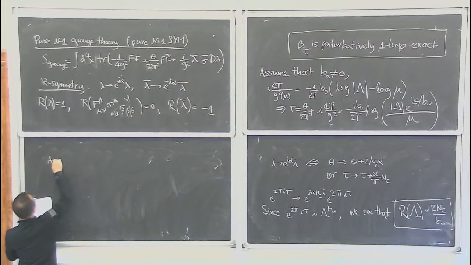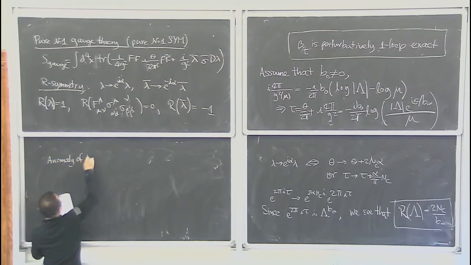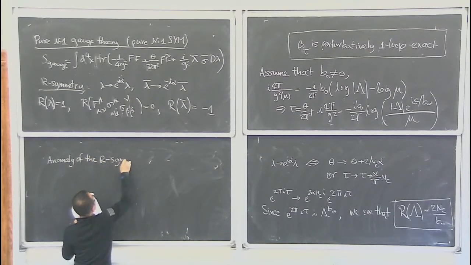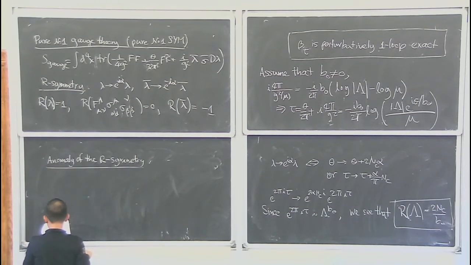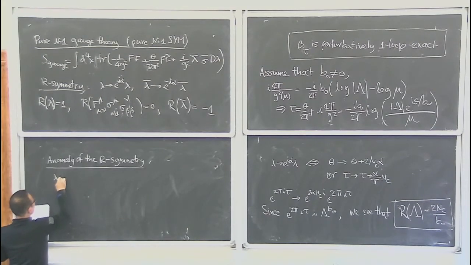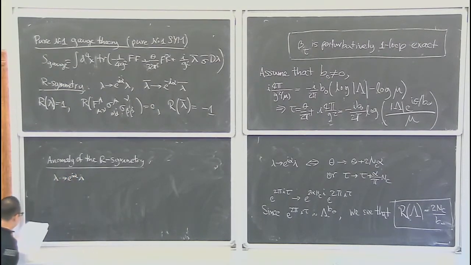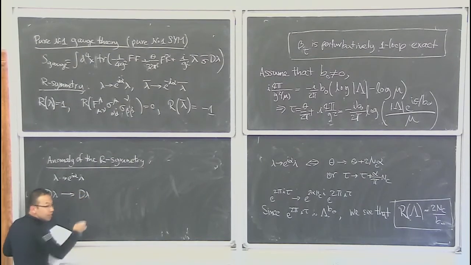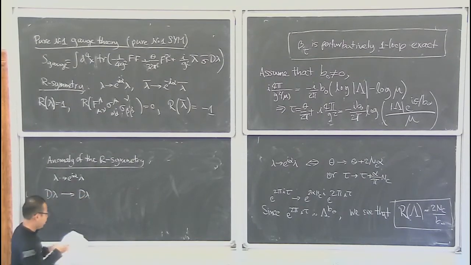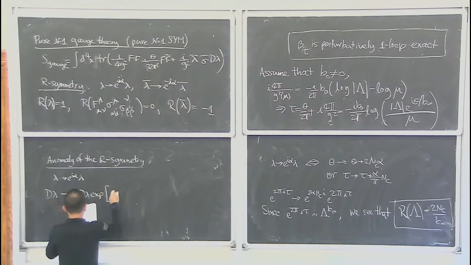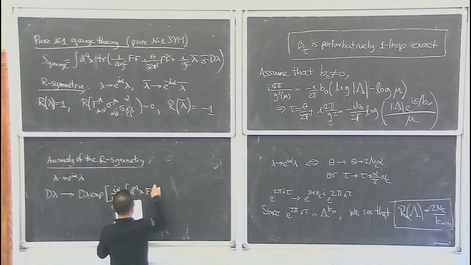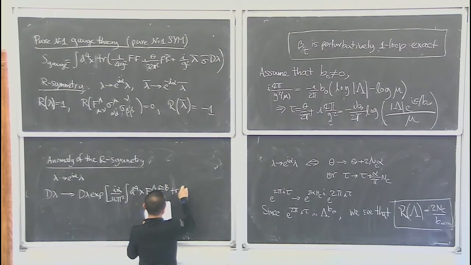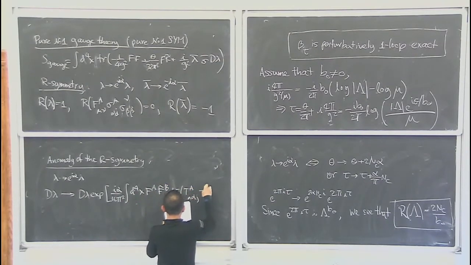Anomaly of the R symmetry. If you look at this shift e^(i alpha) lambda, and you look at the path integral measure, this is how I'm going to derive the shift in the path integral measure, of exponential e^(i alpha) over 16 pi^2 times the integral d^4x F F-tilde trace T^A adjoint T^B adjoint.